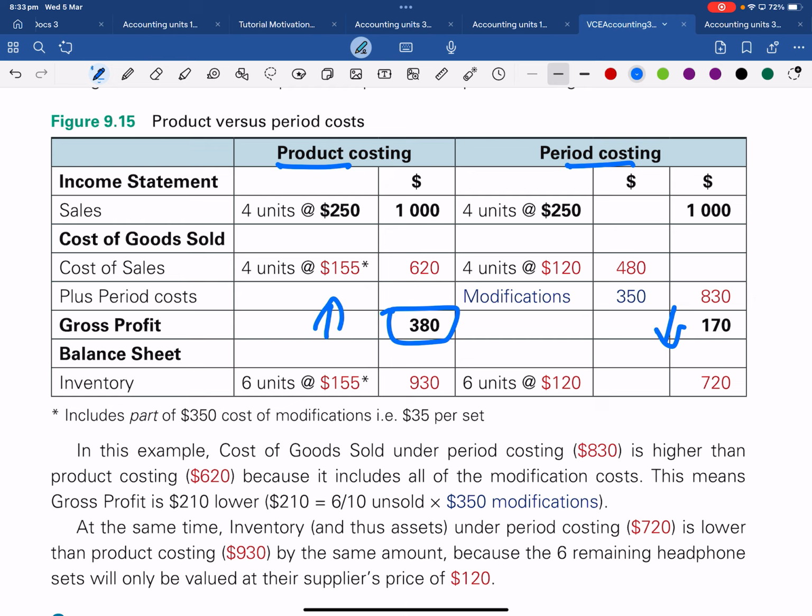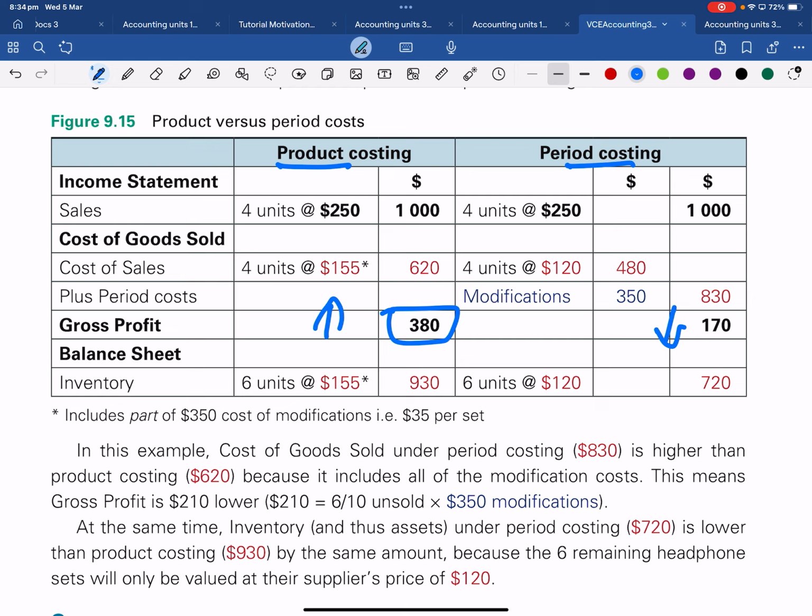So what will happen, guys? Our cost of goods sold will unnecessarily increase in period costing. But in product costing, no, because every unit we have allocated 35 each. So no problem. Gross profit is higher in product costing and lower in period costing.